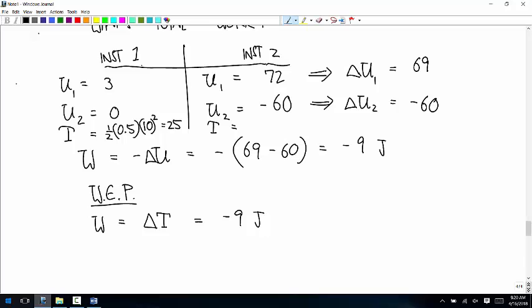At the second instant, it's 1/2 times 0.5 times v squared, so 0.25 v squared. And we can use conservation of mechanical energy.